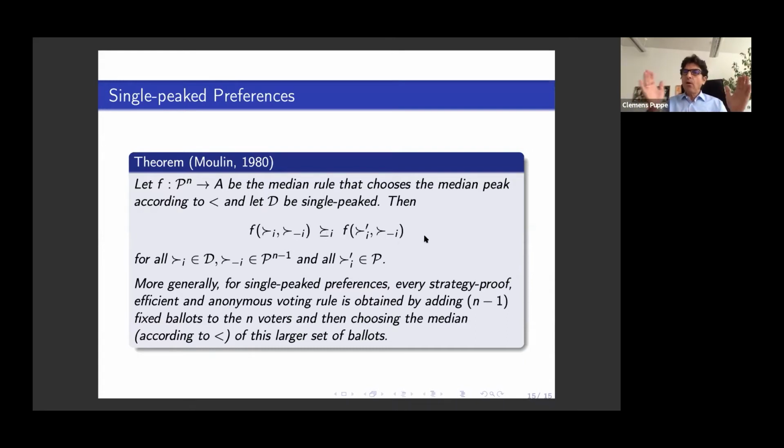But you can do all sorts of other things. You can place the phantoms uniformly on the spectrum, or you can put 2/3 at the lowest value, 1/3 at the highest value, and you get different voting rules. But the main point is that these exhaust the voting rules that are strategy proof.